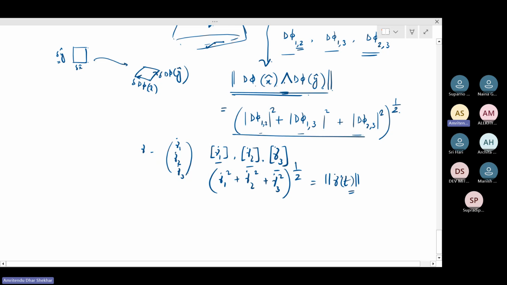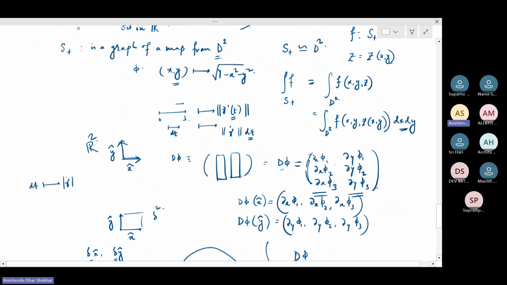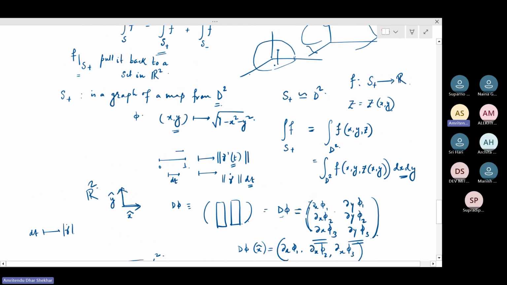Okay. So the rule to do the integration is as follows. You decompose the whole surface that you're working with into components which can be written down as graphs of maps. Okay.